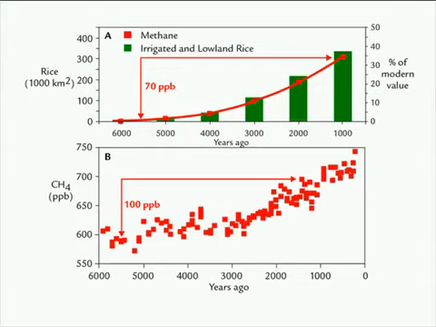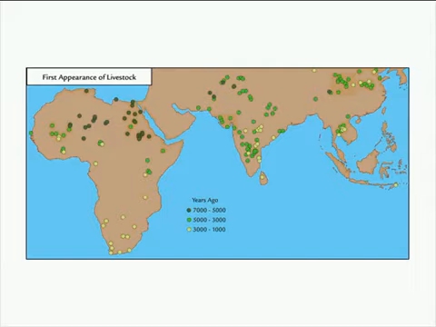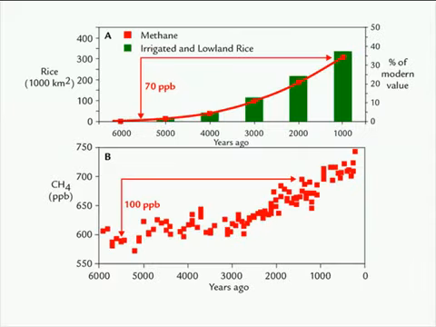So the real methane anomaly is the sum of those two, and it's going to be larger than that 100 parts per billion observed methane increase shown at the bottom of the slide. So irrigated rice, in that case, is not going to explain 70% of the total anomaly, but something less.